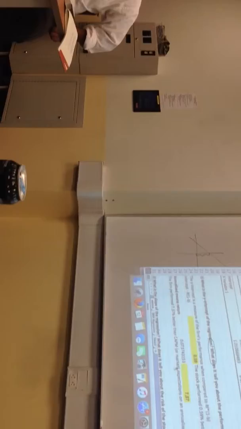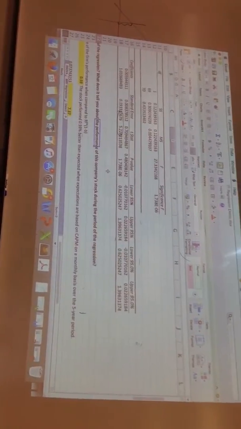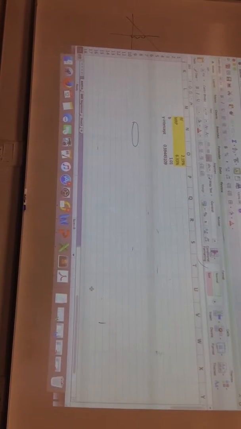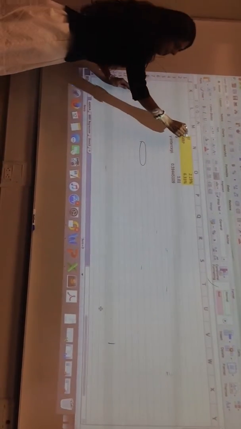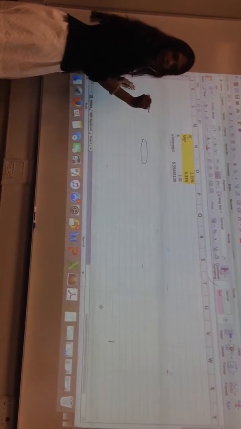0.0059, okay? So now, here, remember these are decimals. Just for my convenience, I put the risk-free rate, the market risk premium, the beta of the stock, and the y-intercept here, just on one side.